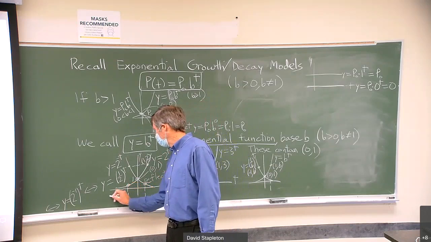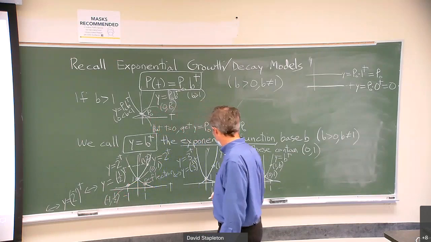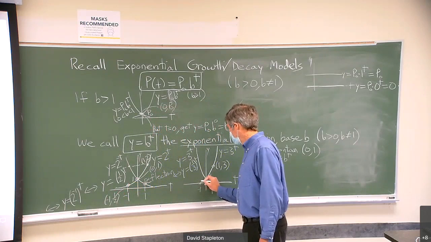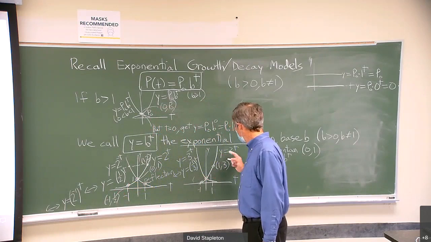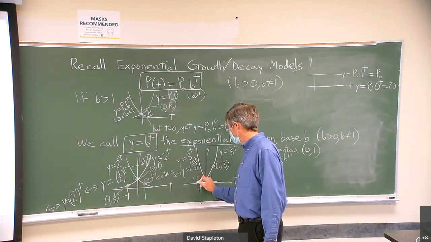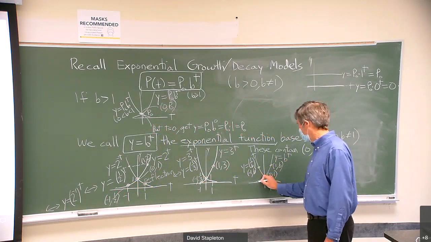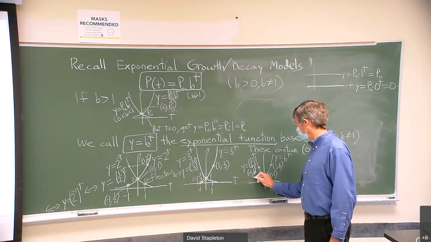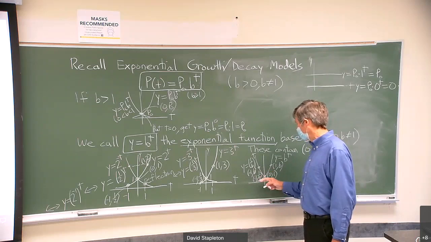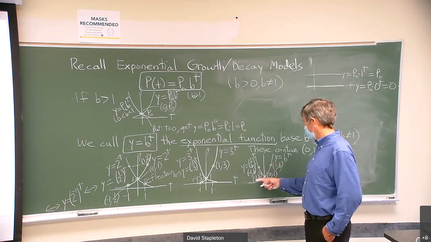So this would be the point (-1, 1/2). And similarly here, if I go to -1, I should get the point, 3 to the -1 is 1/3, so (-1, 1/3). And in general, on the b to the t functions, at 1 you get the point (1, b). A third important point is (-1, 1/b). Every one of these. So these three points are very important to memorize: (0, 1), (1, b), and (-1, 1/b).